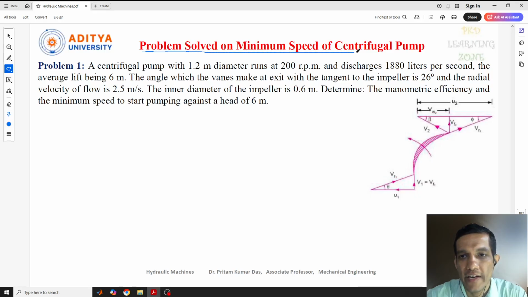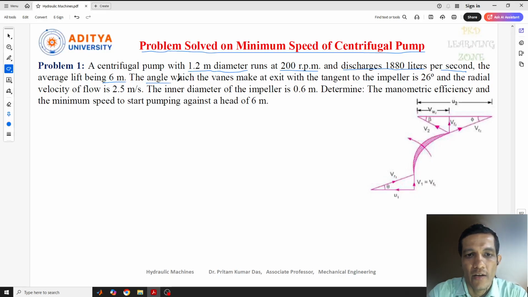So here I have taken a question of a centrifugal pump with 1.2 meter diameter. So diameter is given and which runs at a speed of 200 rpm and discharges 1800 liter per second. The average lift being 6 meter.